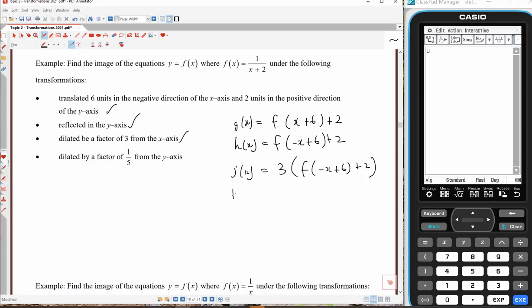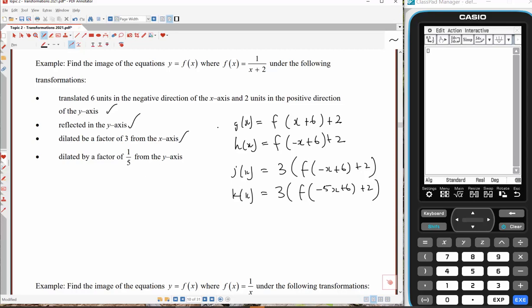So k of x equals 3 brackets f of negative, and then for x, what we do is we drop in 5x to dilate by a factor of 1/5 from y. So 5x plus 6 plus 2, close brackets.